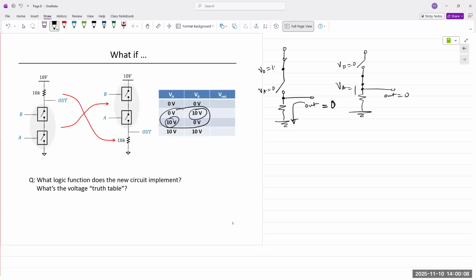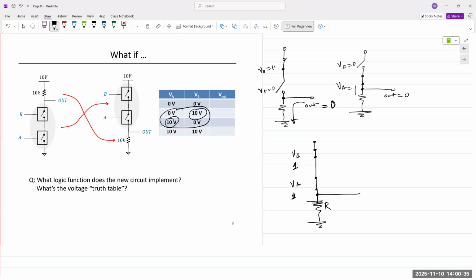And the only case output is connected to 10 volts is if both switches are closed. That means both switches must be activated. This is VB equal to 1, and this is VA. This is R. This is VA is equal to 1.